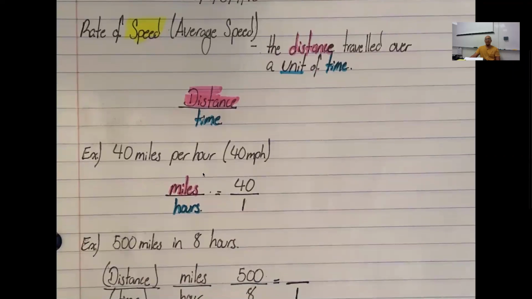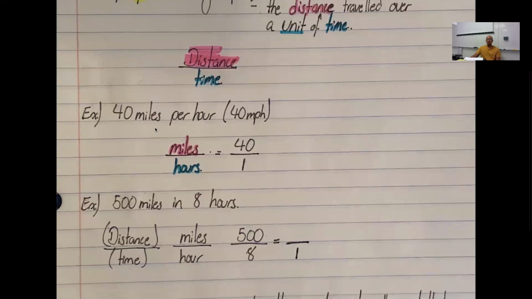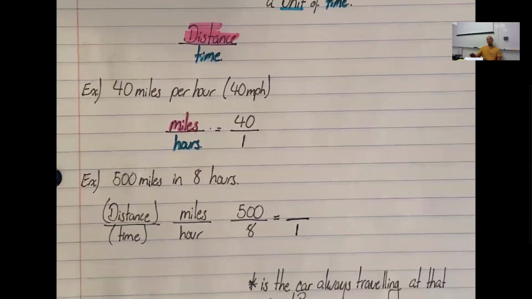An example is whenever your parents are driving, if they're going 40 miles per hour, realize that that actually means something. It's 40 miles, that is a distance, per hour, meaning per 1 hour, that is a time. We have miles over hour, distance over time, 40 miles in 1 hour. Now, a practical example of this is if somebody goes 500 miles in 8 hours.